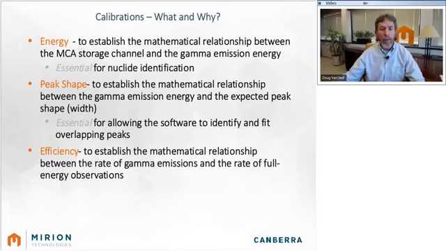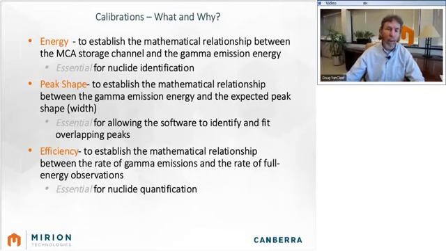A different efficiency calibration must be performed for each unique sample type because efficiency will change with variations in sample volume, chemical composition, density, sample detector distance, container configuration, and many other variables which we'll talk about in just a moment. The efficiency calibration is essential for nuclide quantification. Without knowing the efficiency, we cannot get an accurate activity calculation.